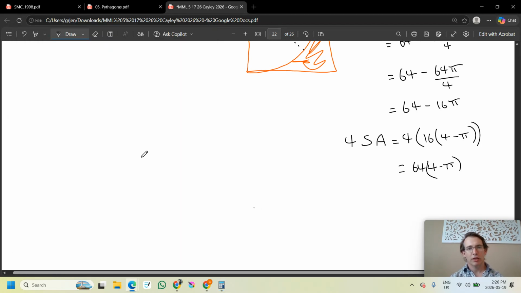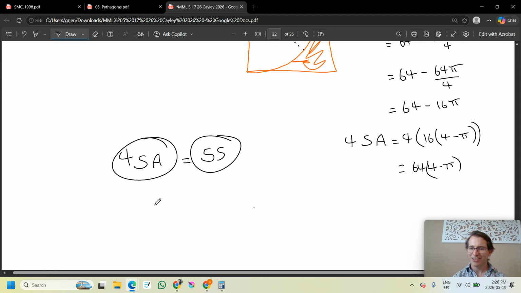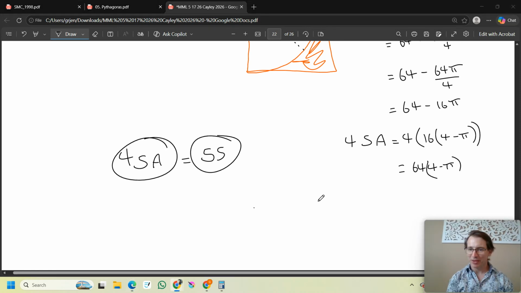Wouldn't you know it? The shaded area, well, 4 times that shaded area there is roughly equal to 55. And of course it is, because Fibonacci. Of course they made a problem with a Fibonacci radius where the enclosed area is very close to a Fibonacci. Now, of course they did. They do that stuff all the time.